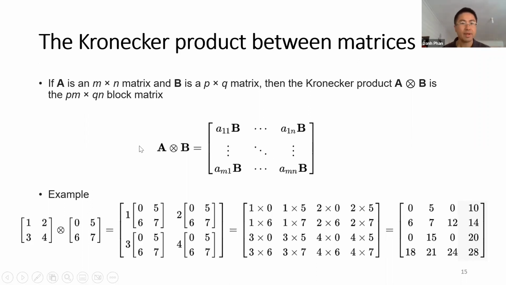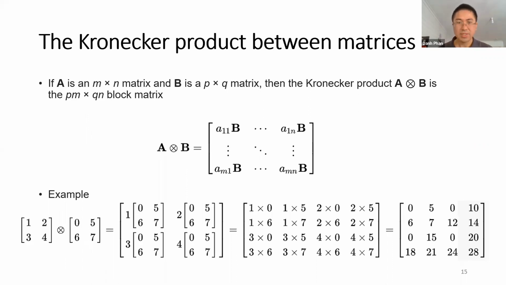So if we have A here with a shape M by N and B here with a shape P by Q, we will have a product with the shape PM by QN. Right? So here 2 by 2 Kronecker product with 2 by 2, we have a 4 by 4 matrix.